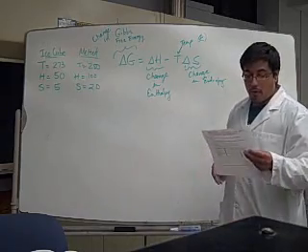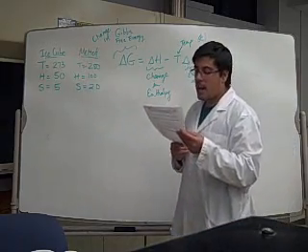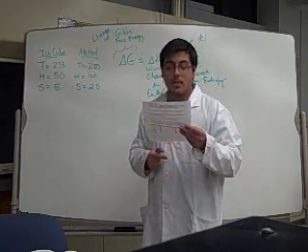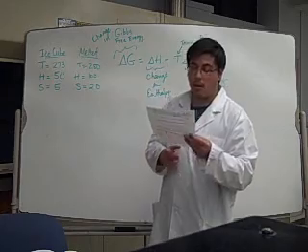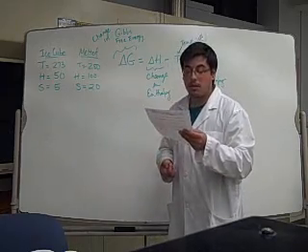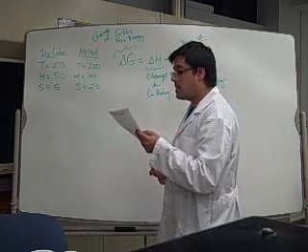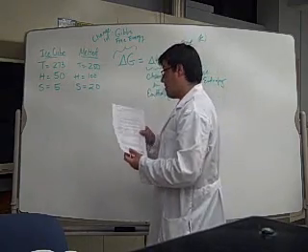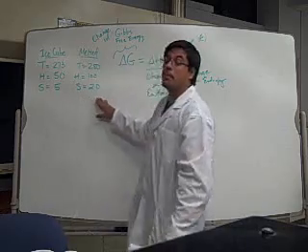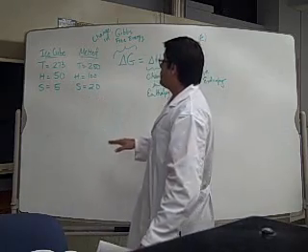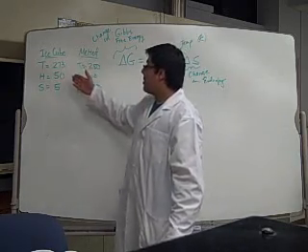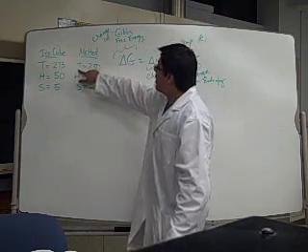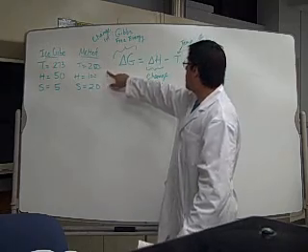Now, the problem proposed is: calculate the change in Gibbs free energy when the ice cube melted using the data in the table below. You're given the equation as well, delta G equals delta H minus T times delta S, along with the data table. Essentially you would just plug in the numbers. You want it at the melting temperature, so you need that as your temperature.